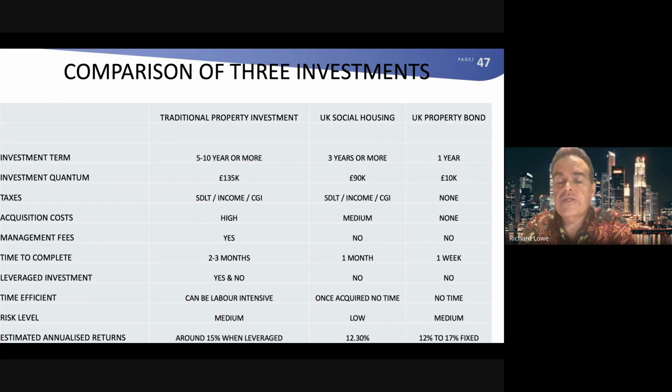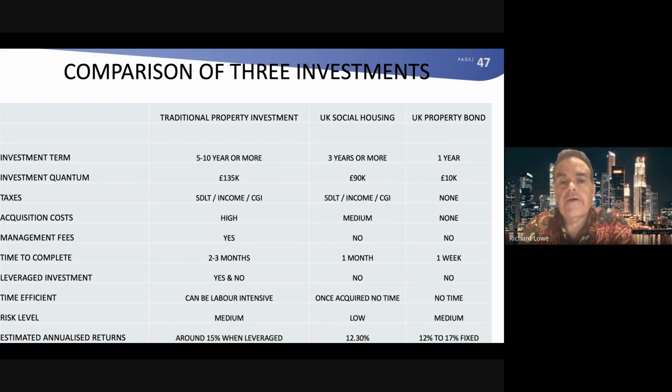Income tax remains the same, and so does capital gains tax. When it comes to the property bonds, if you're a Singapore resident, and I believe it's the same in Malaysia, you don't get taxed on this in the UK, and in Singapore and Malaysia, you don't get taxed on interest. So in effect, there's no tax.